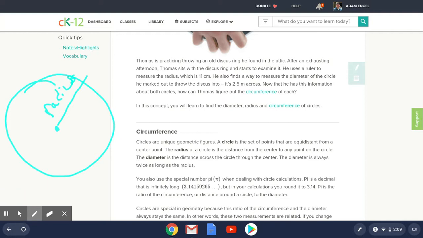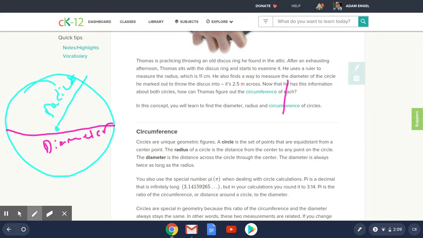The diameter is the distance across the circle through the center of the circle. So the diameter, my friends, goes all the way across. So you should have those notes written down. The diameter is always twice as long as the radius. It is always twice as long as the radius because the radius is from the perfect center to the edge of the circle.